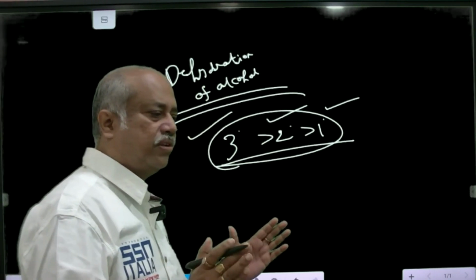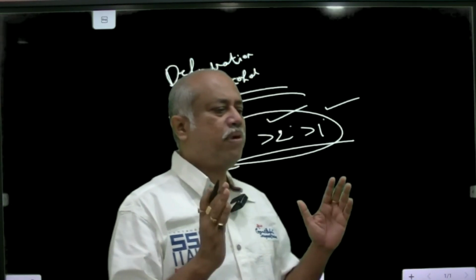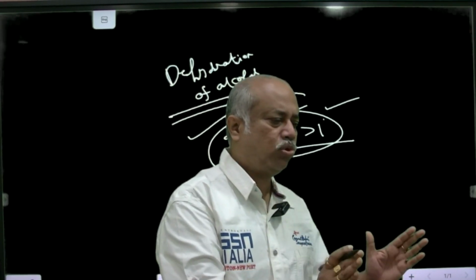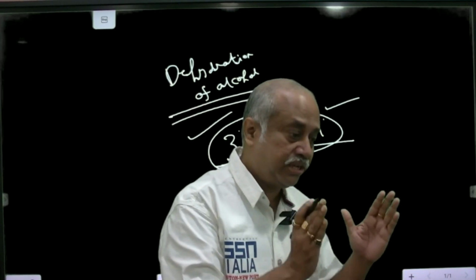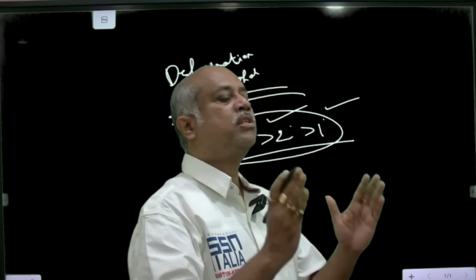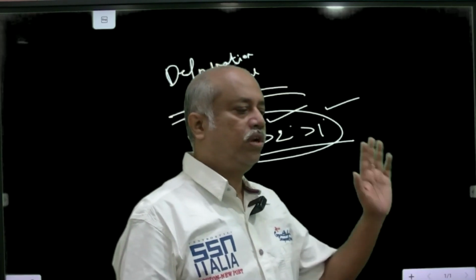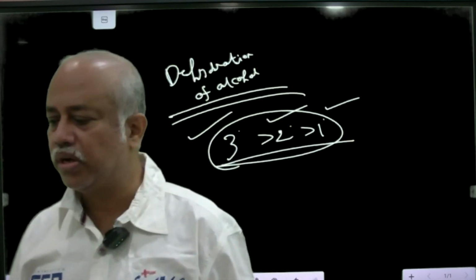That means 3 degree alcohol is much more easily dehydrated compared to 2 degree, compared to 1 degree, due to formation of stable carbocation. I have already discussed it. Next one.